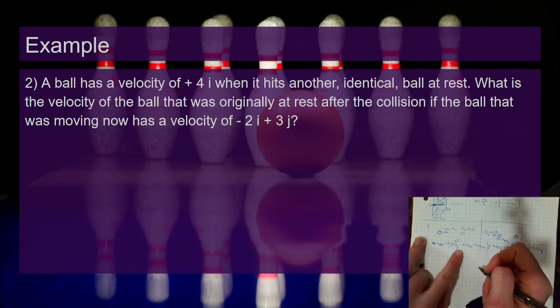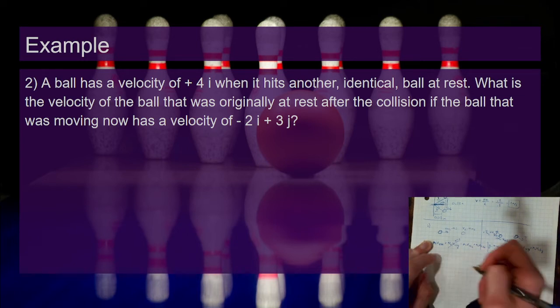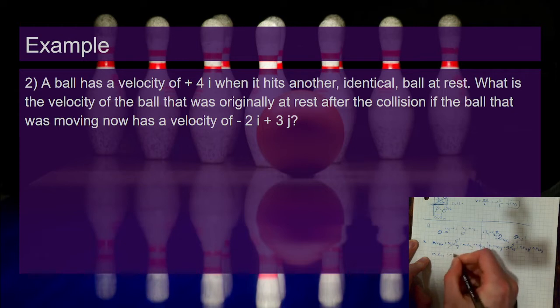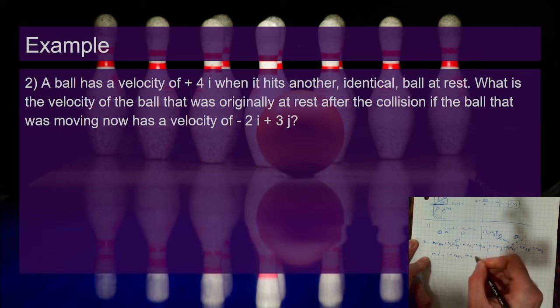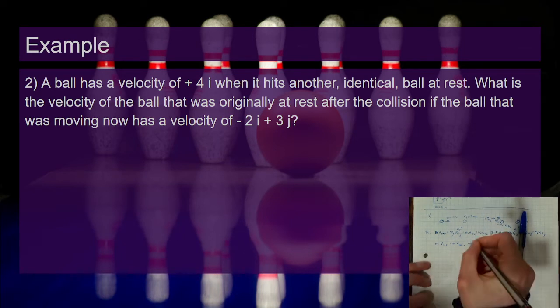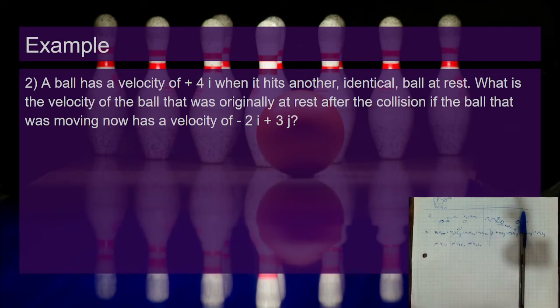And our only variable from there, we know the initial velocity and final velocity of the first object, so it's the final velocity in the x direction for the other object. So we can do m times v1 initial x equals m times v1 final x plus m times v2 final x. And thankfully, if we divide each side by m, the mass drops, so I can go ahead and get rid of all those masses.